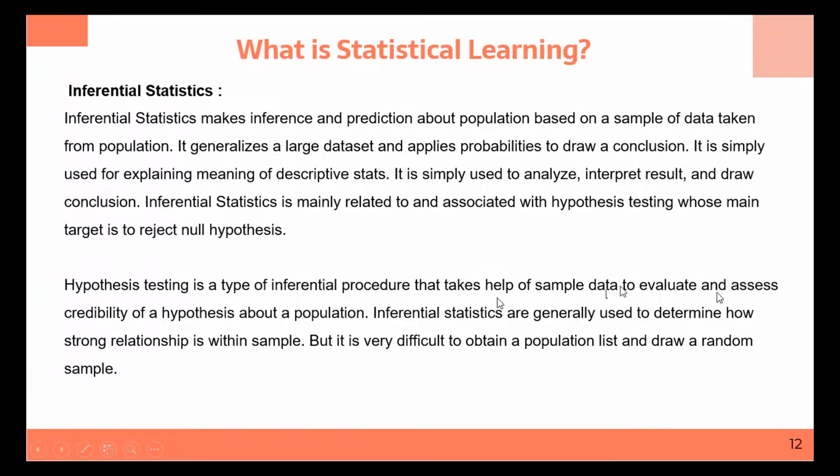Because of the sample data, we have some inferences ready. Inferential statistics are generally used to determine how strong a relationship is within the samples. Within sample means there are multiple samples available, but only one sample is being evaluated, and other samples have to be evaluated. And now the thing is which sample I should take, and how should I create the relationship between them?